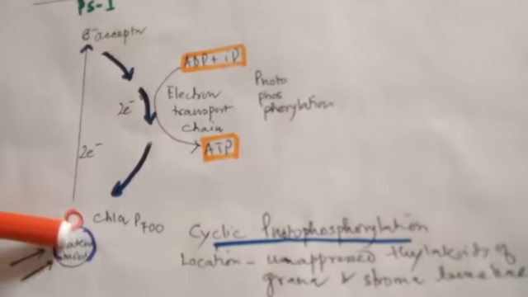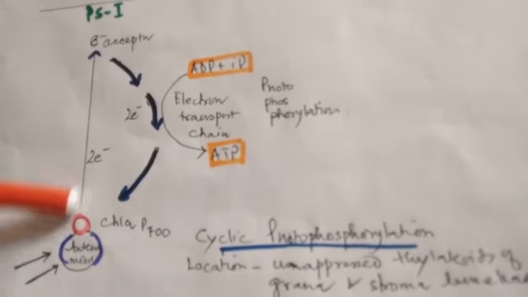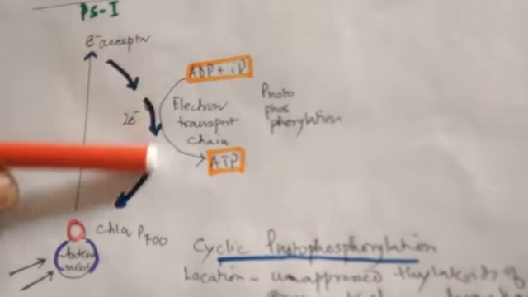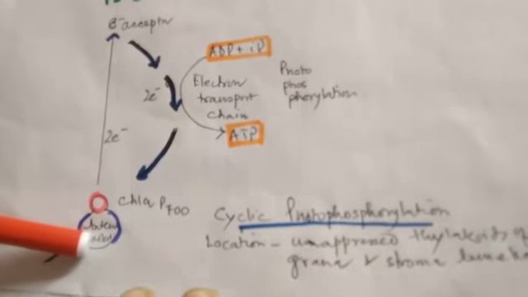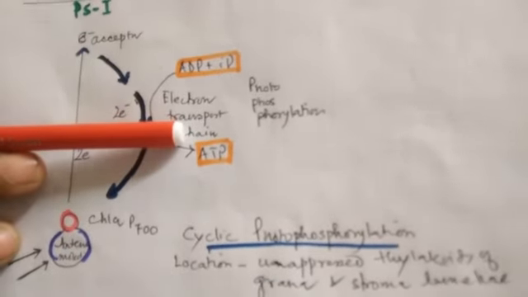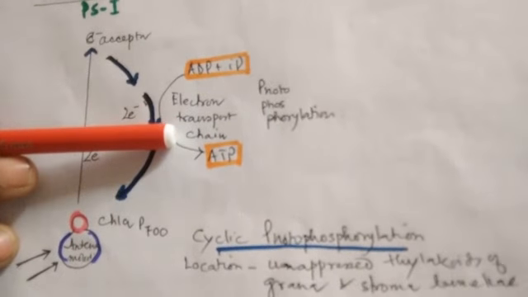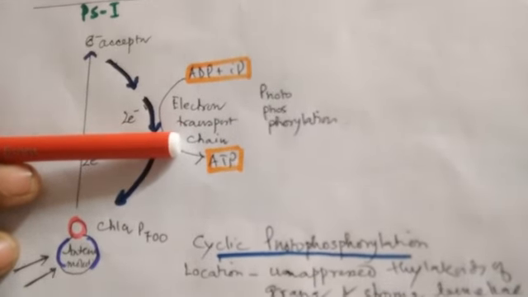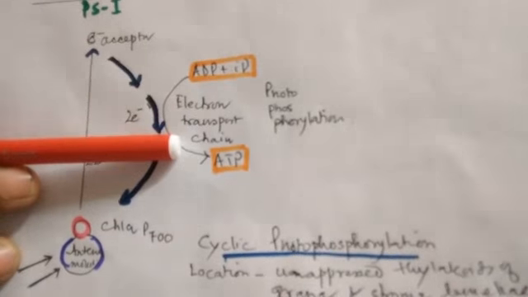Clear? And now the electron is again returning to the ground state, and it is fulfilling the deficit which has been created here. So the electron which moves out is again coming back to fulfill its deficit. So it is cyclic photophosphorylation, where only ATP is produced, NADP is not produced, and water is not split up.